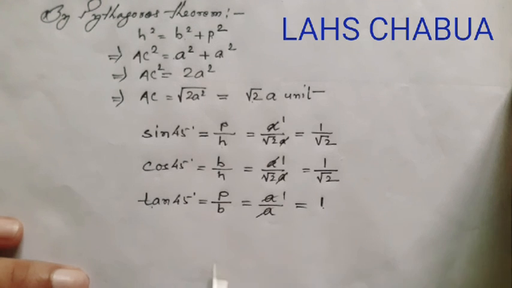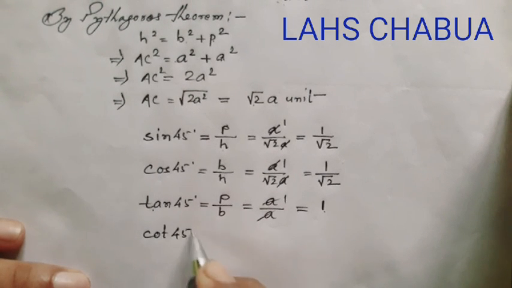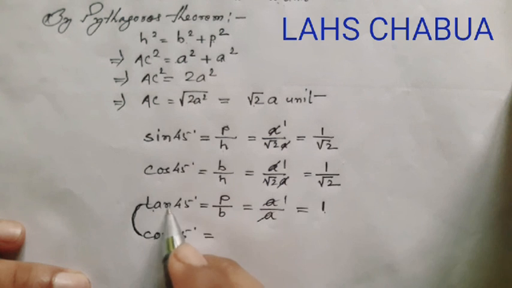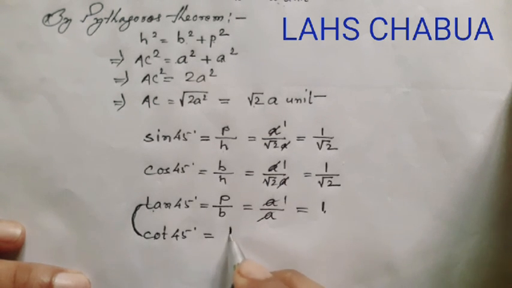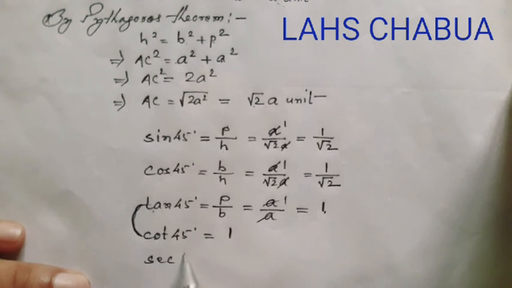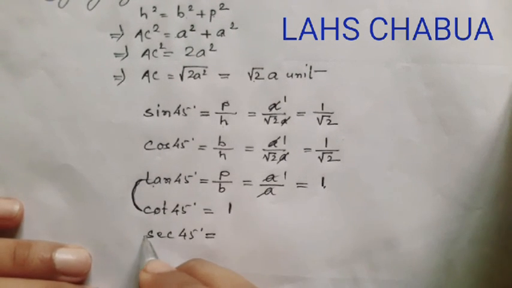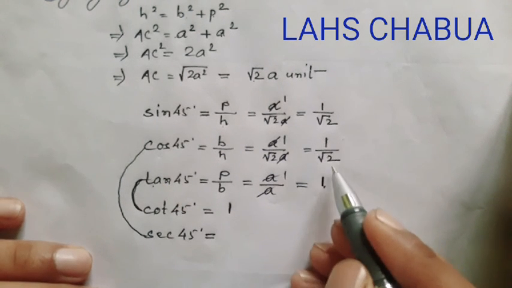Next, cot 45. Cot 45, as you know, cot is the reciprocal of tan. That day I taught you cot is the reciprocal of tan, and reciprocal of 1, it will be 1. In the same way, sec 45 degree. Sec is the reciprocal of cos. So cos value how much we got? 1 by root 2.